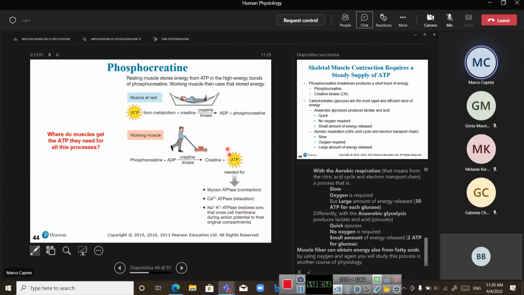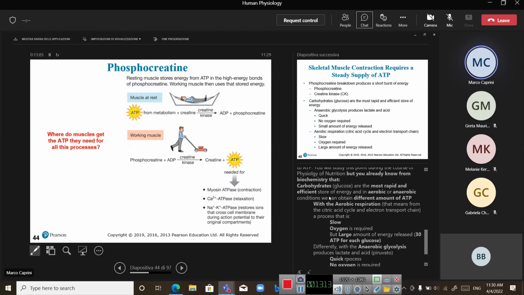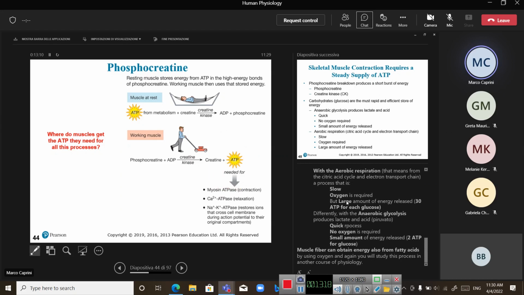And you will study also from the physiology of the digestion, of nutrition, that the energy for the muscle can be obtained also from fatty acids by using oxygen, okay? But in any case, at the end, we have to use always the ATP or the phosphocreatine produced by our muscles.